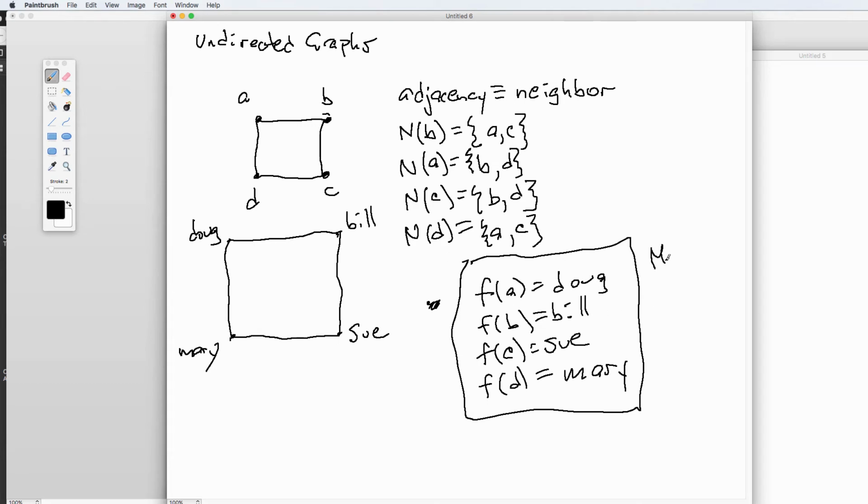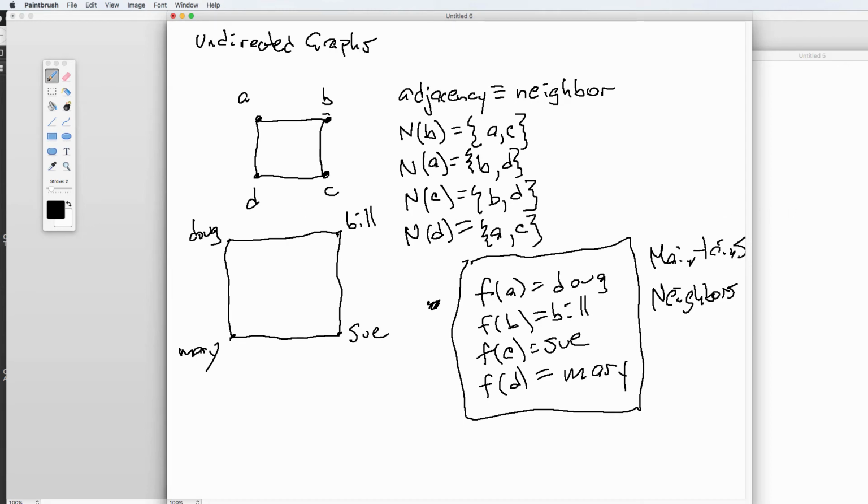Okay, this maintains neighbors. And the point is that if I can have a function from one graph to another that maintains the neighbors, as far as a graph theorist is concerned, we would say that these are absolutely the same graph.